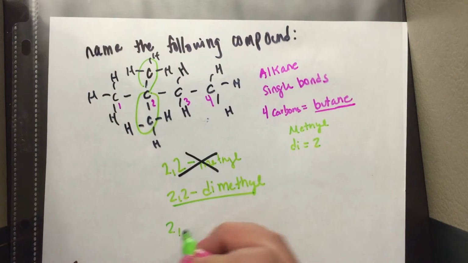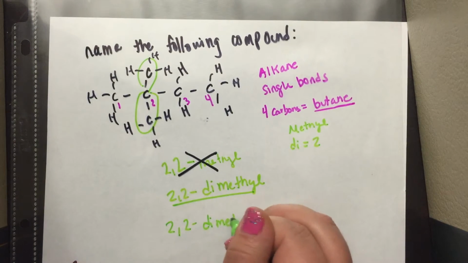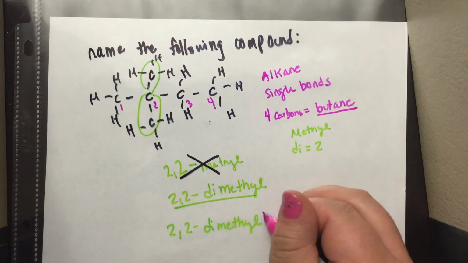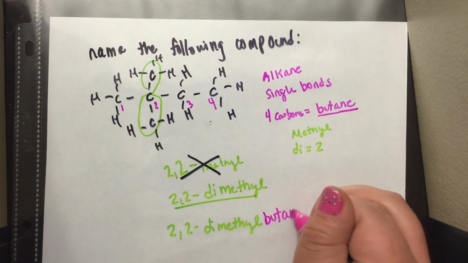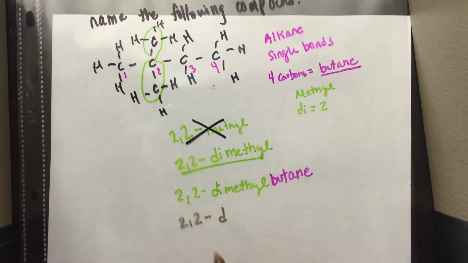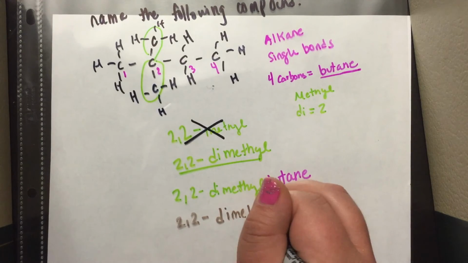So it'd be 2, 2 dimethyl butane. So putting it all together, it'd be 2, 2 dimethyl butane.